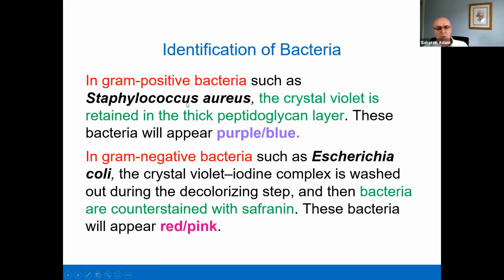If you have Staphylococcus aureus in your samples, these bacteria will appear purple, blue. If the sample includes gram-negative bacteria such as E. coli, Escherichia coli, the crystal violet iodine complex is washed out during the decolorizing step, and the bacteria are counter-stained with safranin, and the bacteria will appear red, pink color.